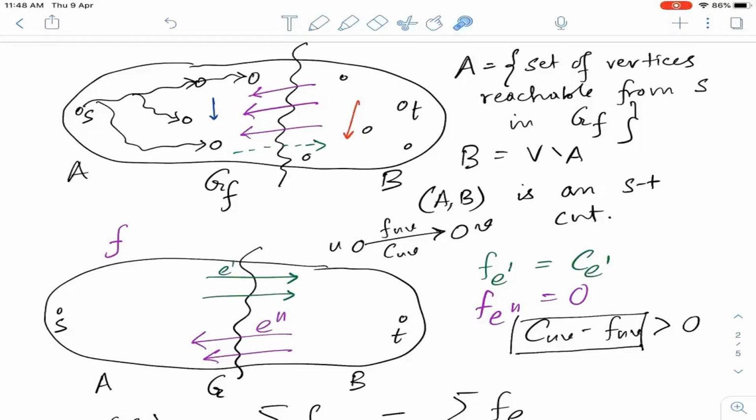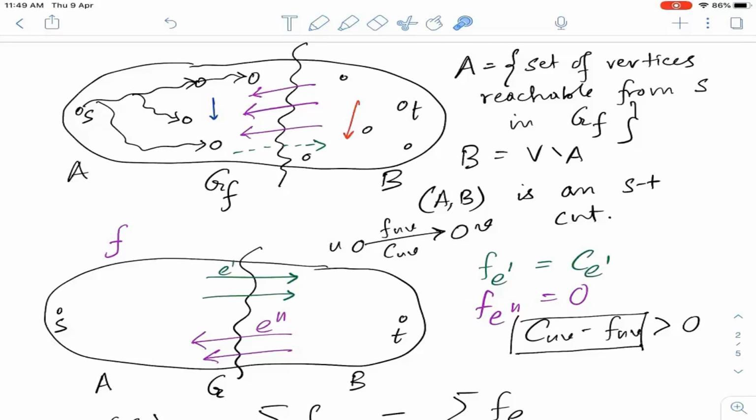And if this is not true, that this flow is exactly equal to its capacity, then कुछ बचा हुआ है capacity और ये बचा हुआ capacity मैं इस पे डाल दूंगा. So you will have an edge like this which has positive capacity in your residual graph, and this cannot happen. Okay, so that's true for the green edges in your graph G.